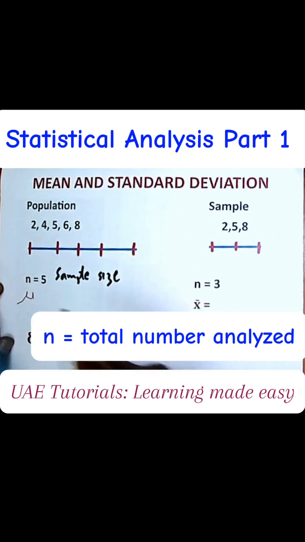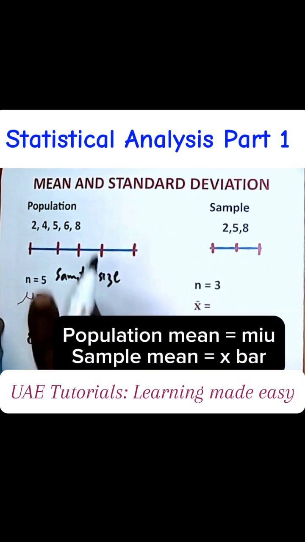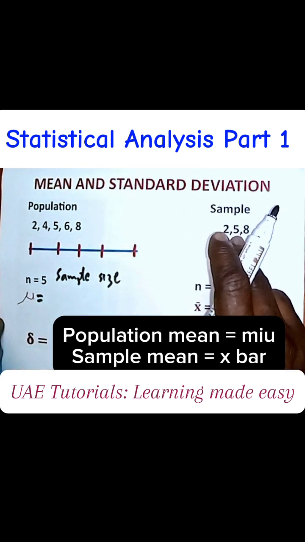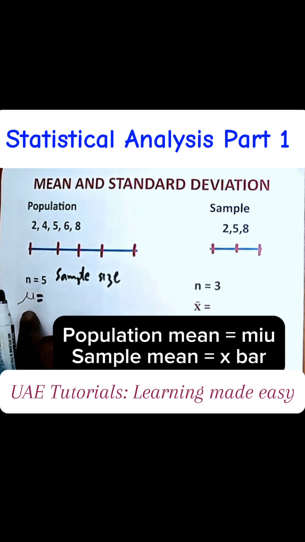And then, assuming you were analyzing for the entire population, you will need to get the average, which is the mean of that population. If you're analyzing for the entire population, that mean is called mu. While if you're analyzing for just a sample, it is called x bar. This is the sample mean, while this is population mean.